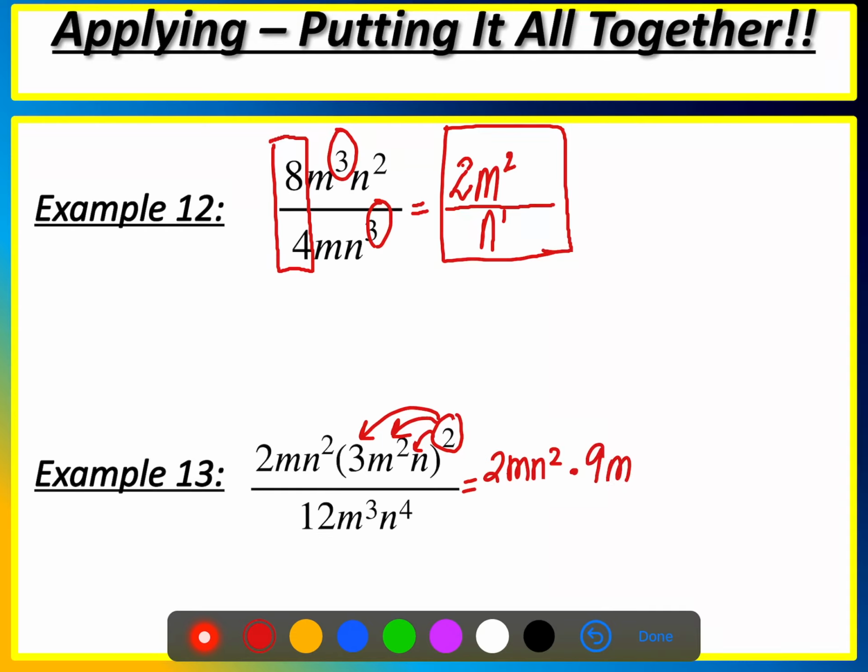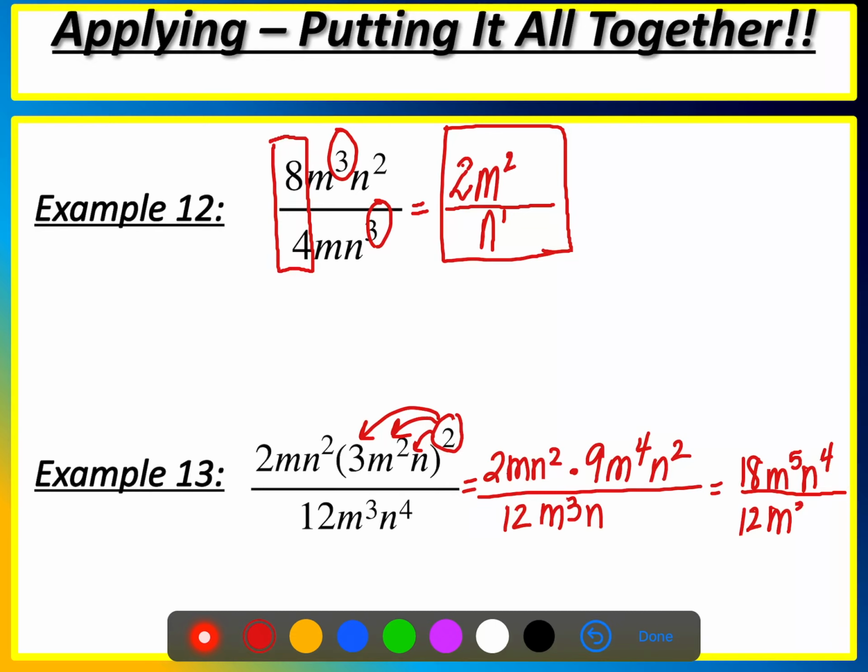So this is 9 m to the 4th n squared. And I'm going to multiply on the top. So 18 m to the 5th n to the 4th. And now I'm ready to divide.